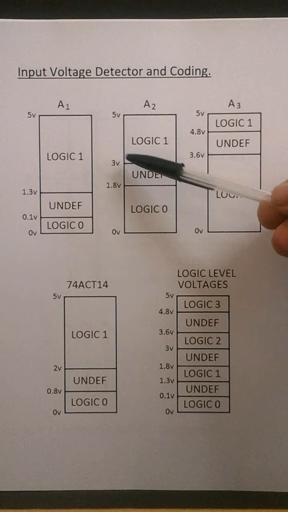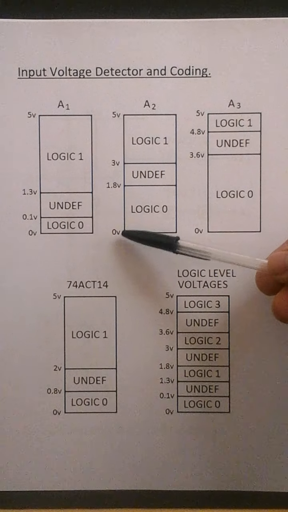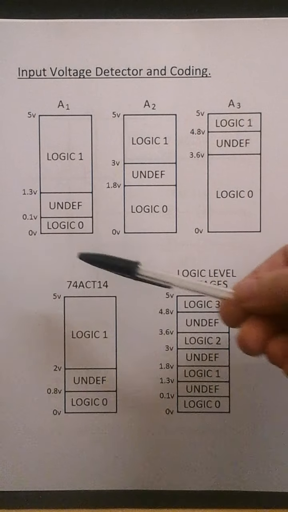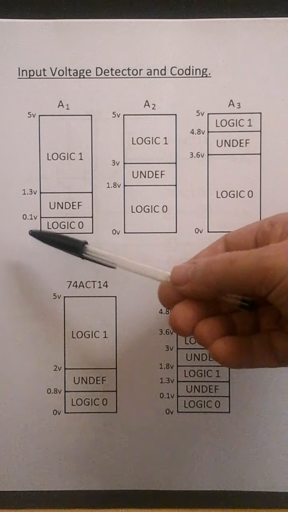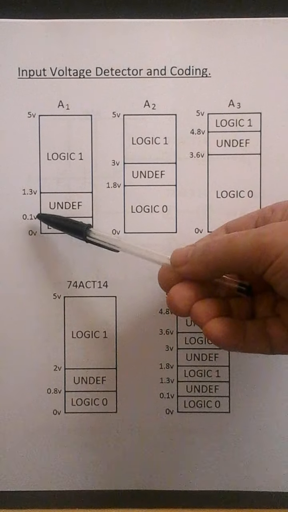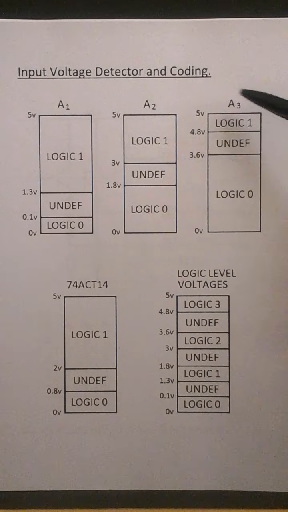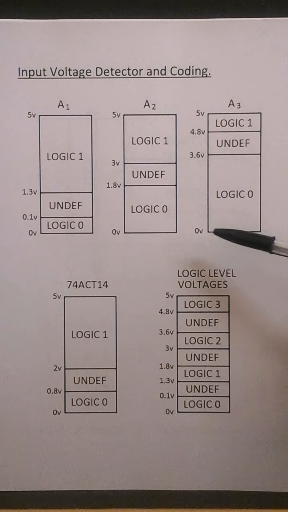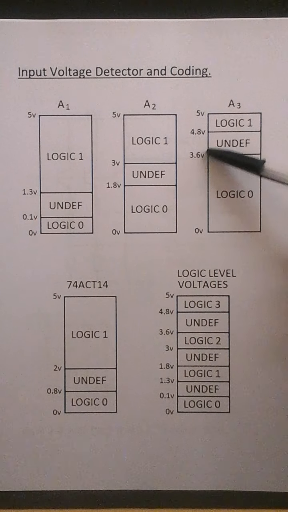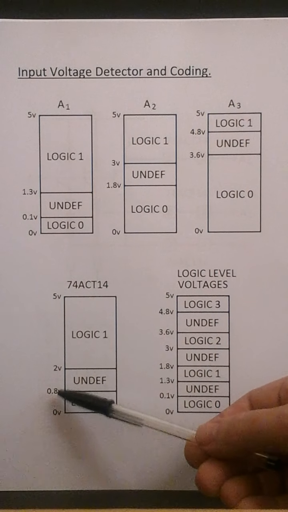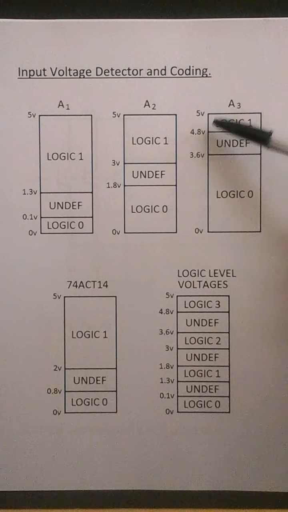So for A1, logic 0 is anything between 0 and 0.1 volts, and logic 1 is 1.3 to 5 volts. For A3, I've shifted it up 2.8 volts, so logic 0 is anything from 0 to 3.6 volts, and logic 1 is 4.8 to 5 volts for input A3.